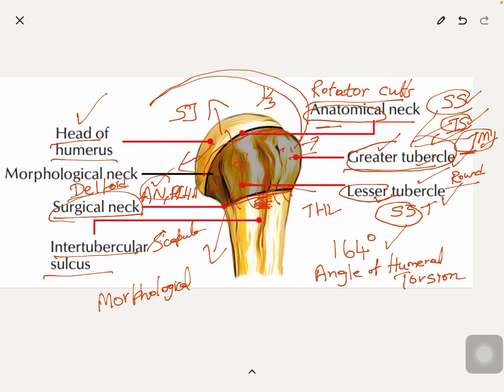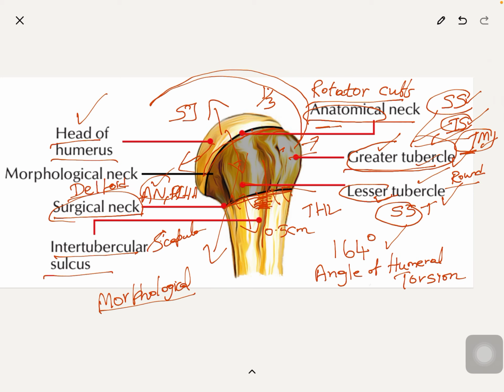Then what is the morphological neck? Morphological neck is represented by the epiphyseal line between the upper epiphysis and diaphysis. It is usually 0.5 centimeter below the surgical neck.